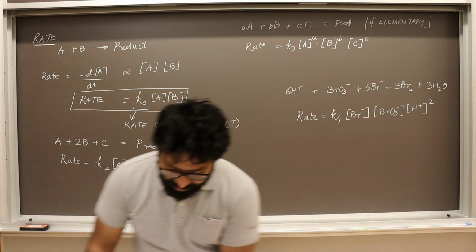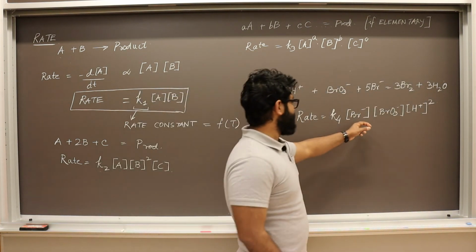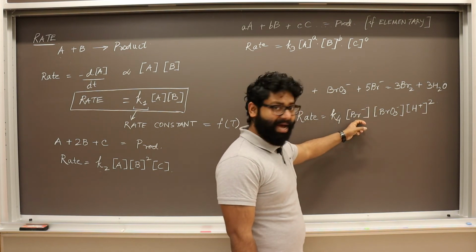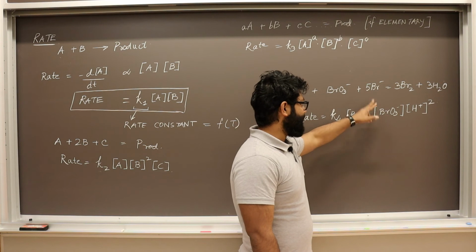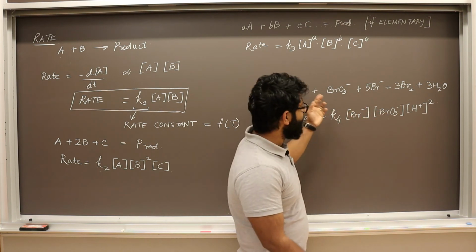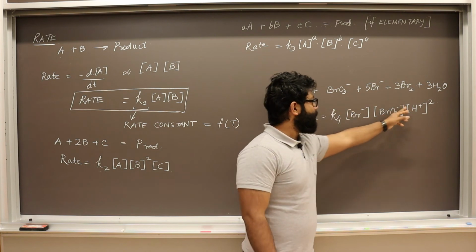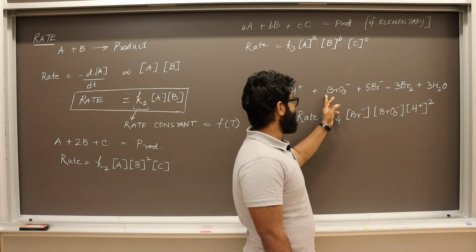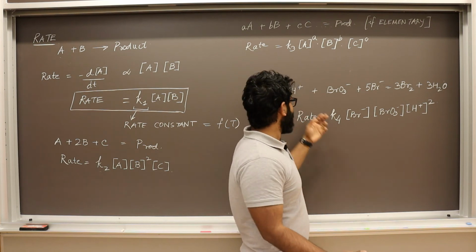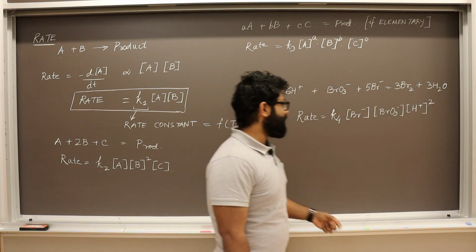So bromide ion is to the power of 1. It is not 5, like bromate to the power of 1. Since this is 1 here, the stoichiometric coefficient of 1 is just a coincidence. This is not by any logic. And in here H plus is raised to the power 2.